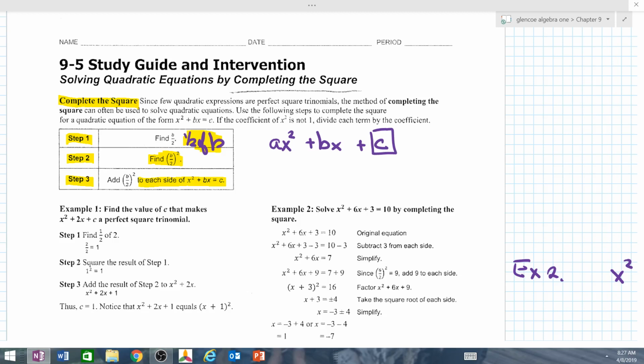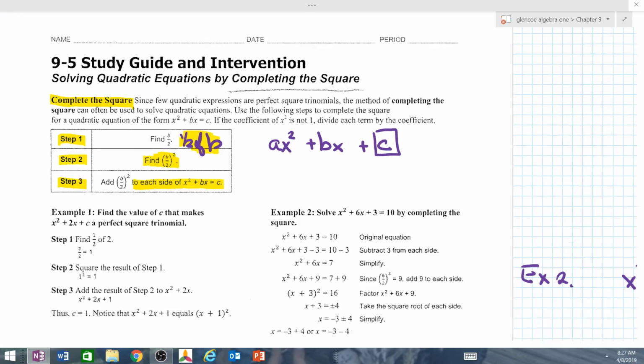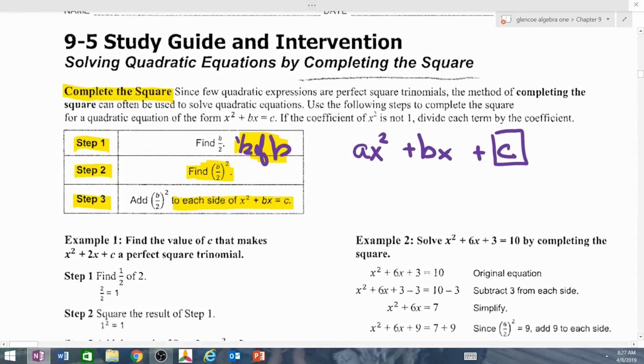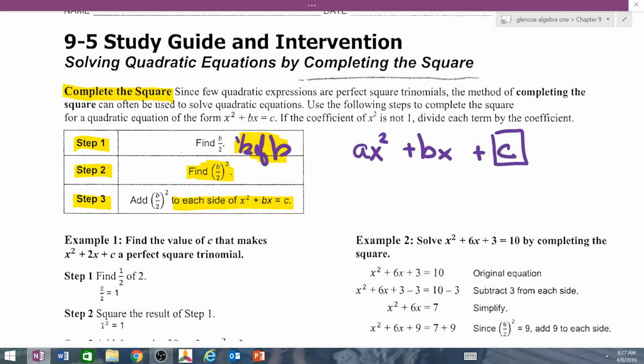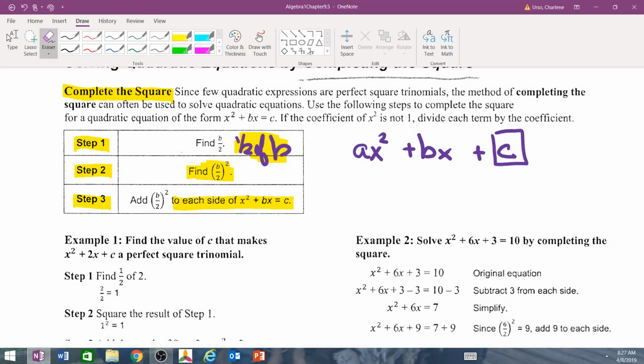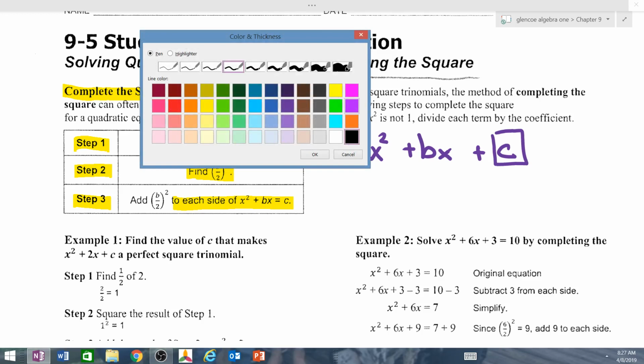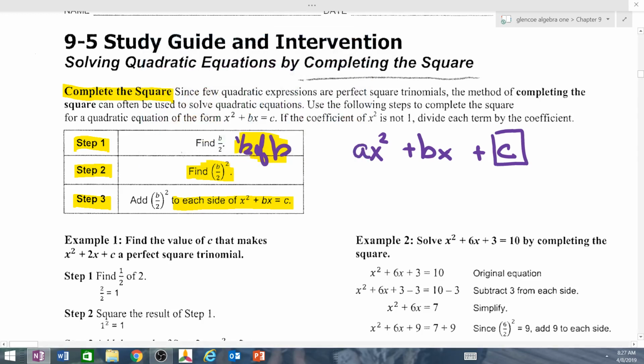So, the first thing we're going to do to find the value of C to make something a perfect square trinomial is take 1/2 of the B term. Take 1/2 of the B term. The second thing you do is take that B over 2 and square it, and then you would add that to each side.